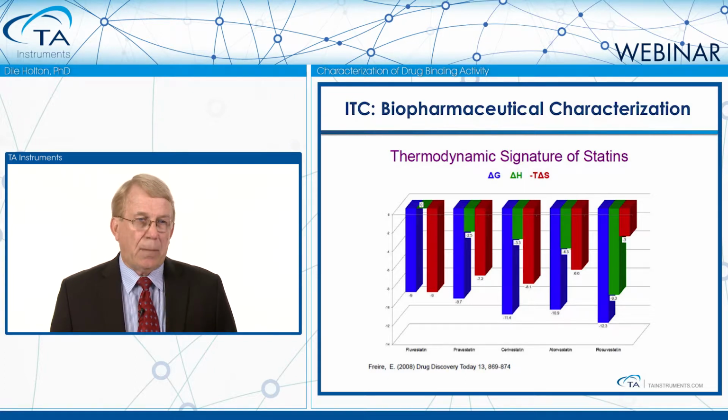This is just an example published in 2008 of the statin drugs. And as the statin drugs became more and more effective, they discovered that we were selecting those drugs because of the enthalpy value. The enthalpy value, the driving forces, the specific binding of that drug to its target was something that was giving us a more effective drug.